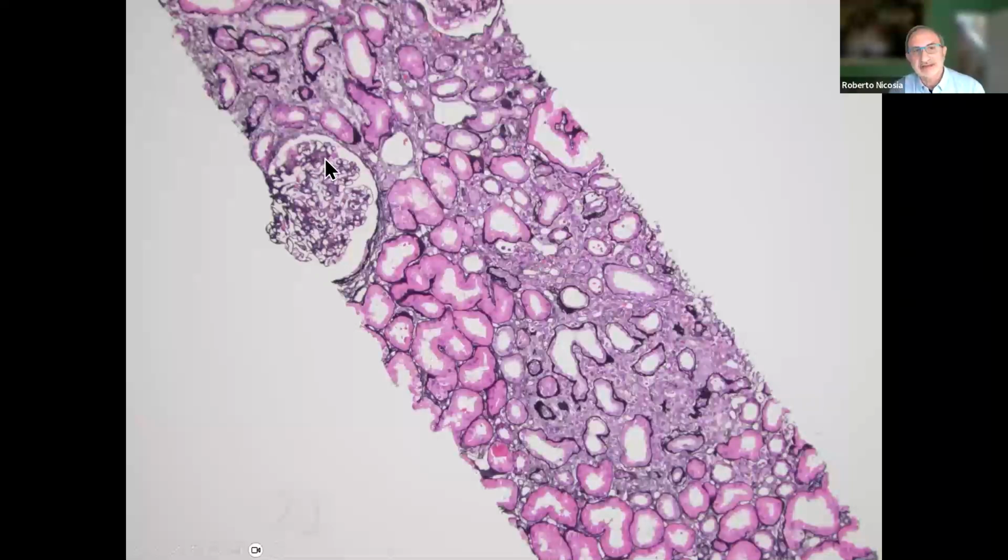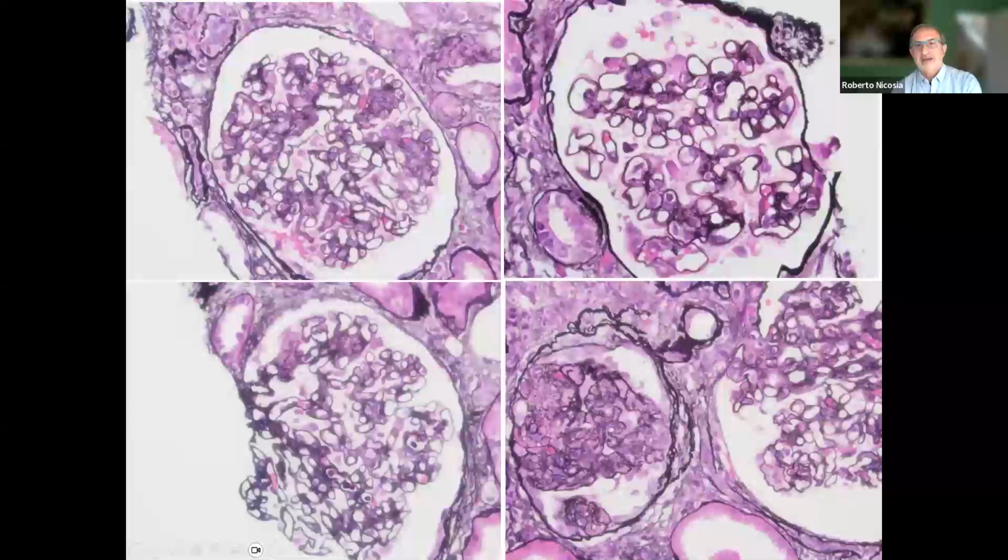The mesangial areas are slightly expanded, and here I can show you 5 representative glomeruli that demonstrate the segmental expansion of the mesangium due to increase in extracellular material and cells. In some areas, there is reduced silver staining, so we call it reduced argyrophilia.